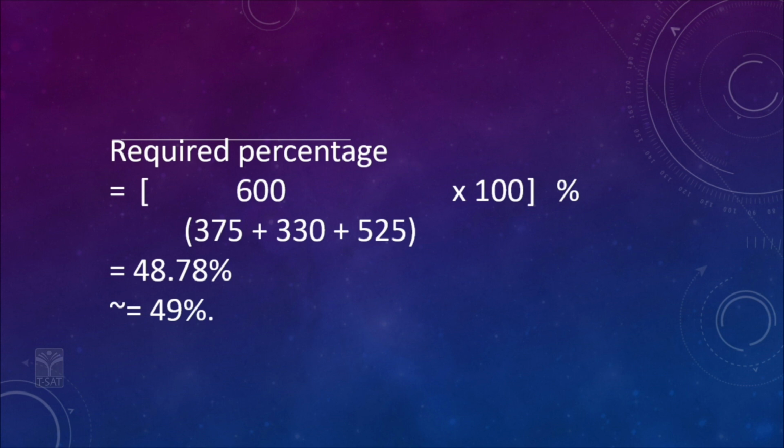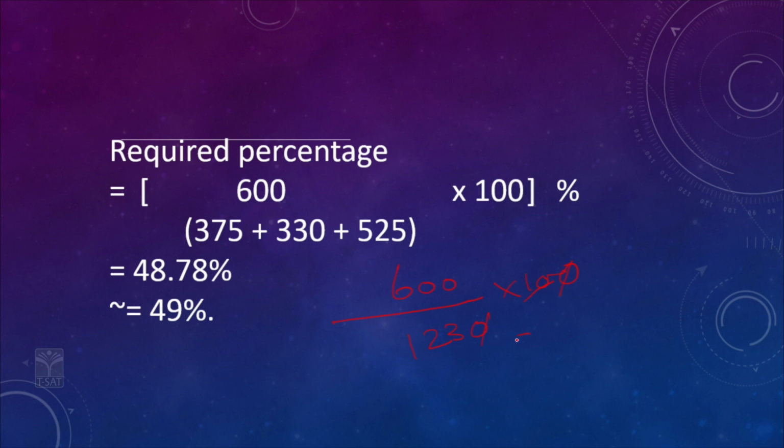So, simply you can calculate this as 600 divided by 375 plus 330 plus 525. 375 plus 525 is equal to 900, plus 330 is 1230, into 100, correct? So, this gets cancelled.